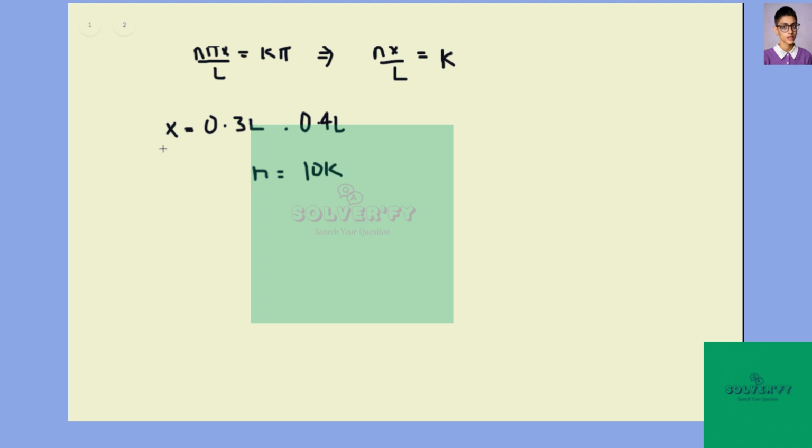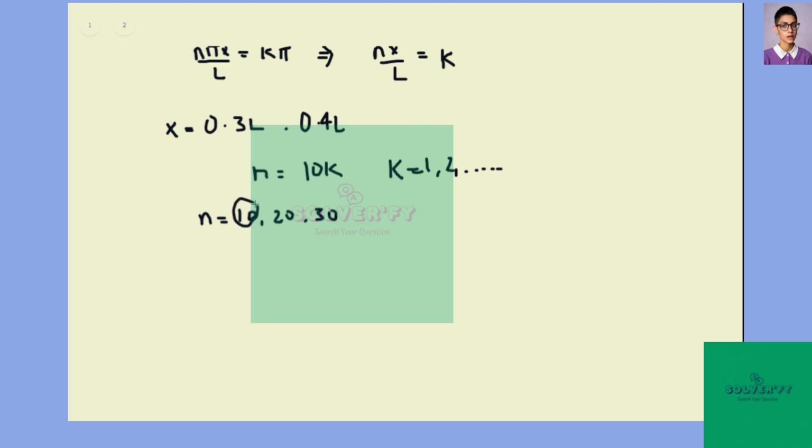If we substitute these two values here for x, we are led to the relationship that it is true only when n is equal to 10 times k, where k goes from 1 to infinity.